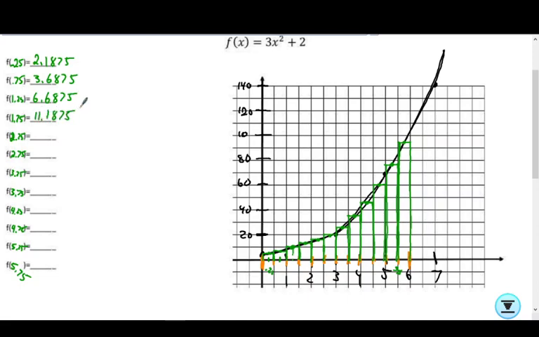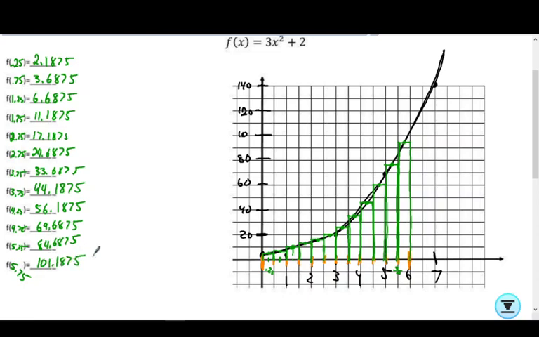You can start seeing these numbers repeat in the decimal: 17.1875, and then 24.6875, 33.6875, 44.1875, 56.1875, 69.6875, 84.6875, and 101.1875.